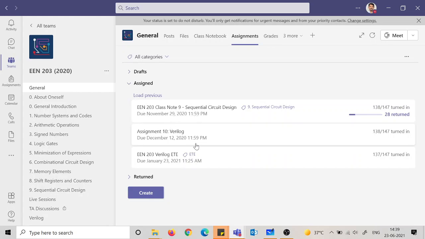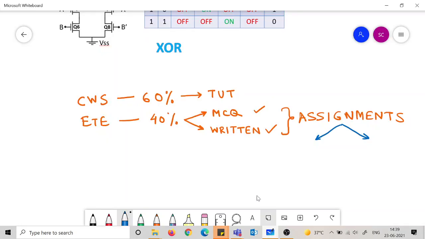Yeah, there is a due date and time, and there is a close date and time. So there is a due time and there is a close time.